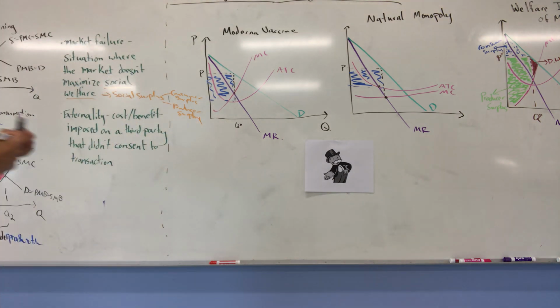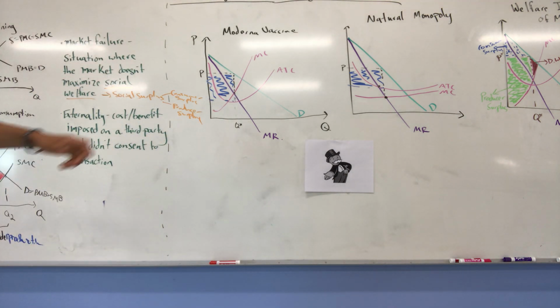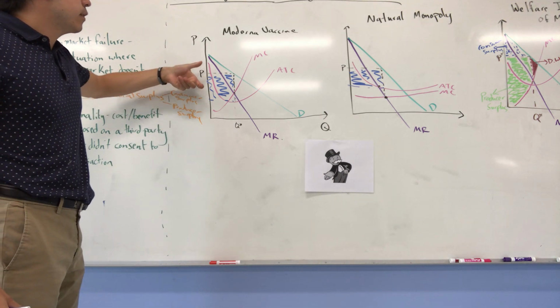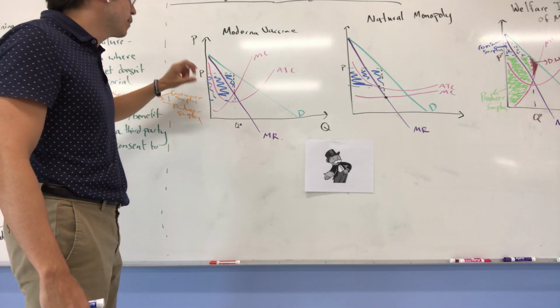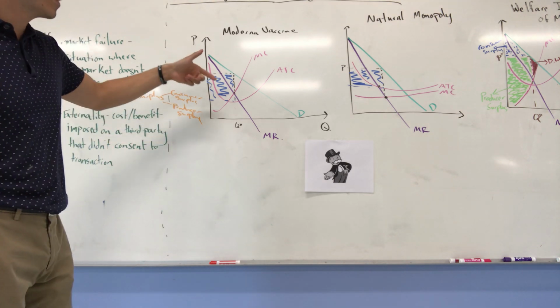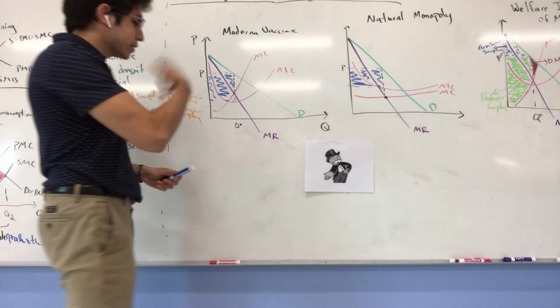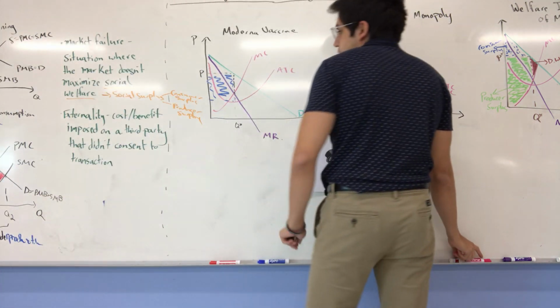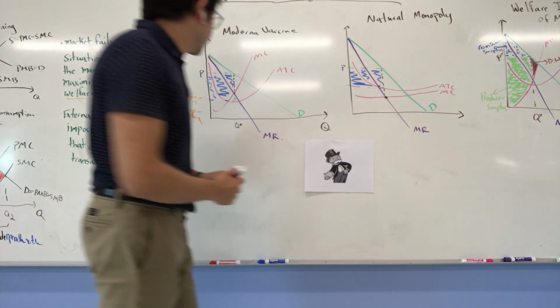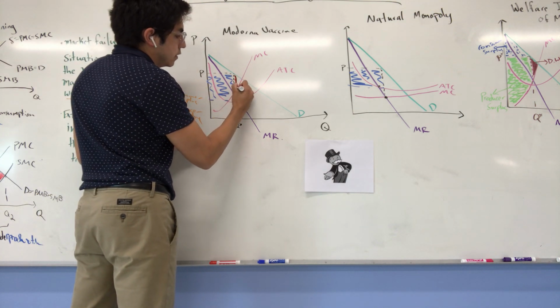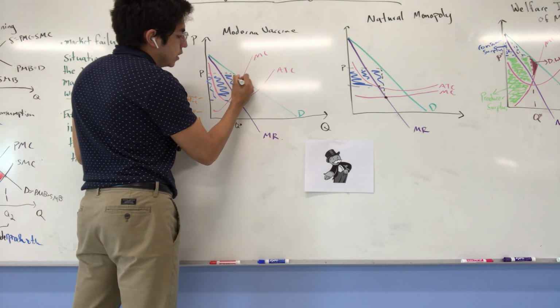Now the interesting thing about monopolies is that monopolists have this unique ability to charge what is called a hefty markup, the ability to charge a price greater than the marginal cost to produce that good. And then there's also this added dimension, this red area right here, underproduction.